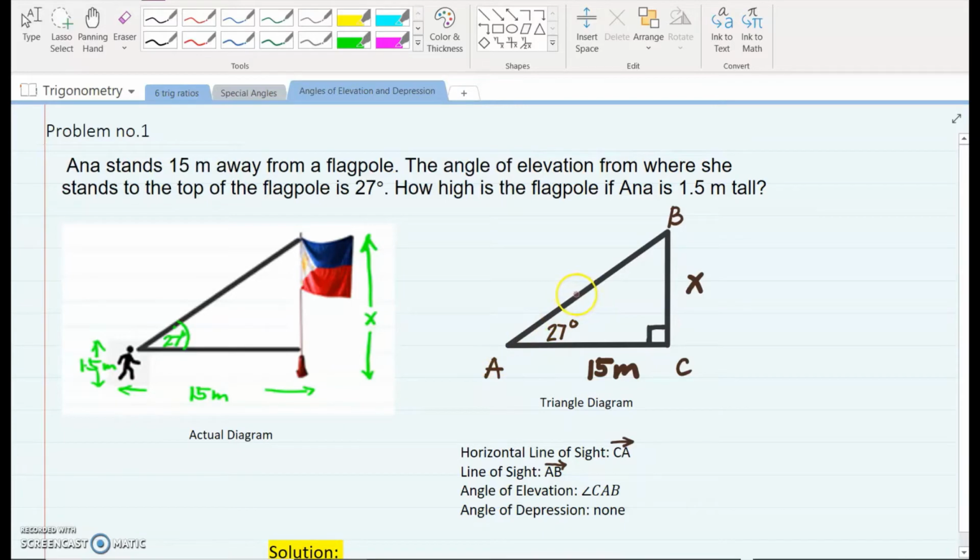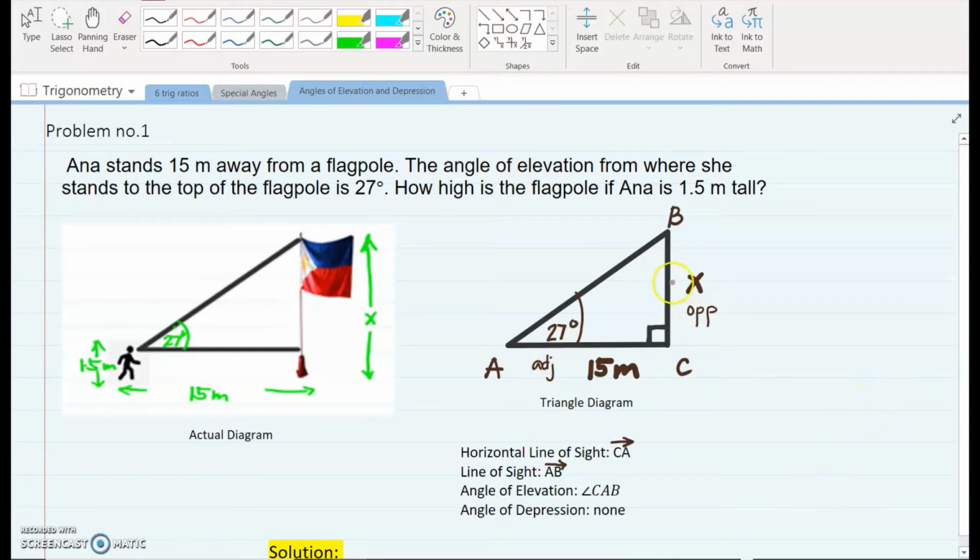If this is your reference angle, this side that is opposite of 27 degrees, which is x, will be the opposite side. And then 15 meters will be the adjacent side.